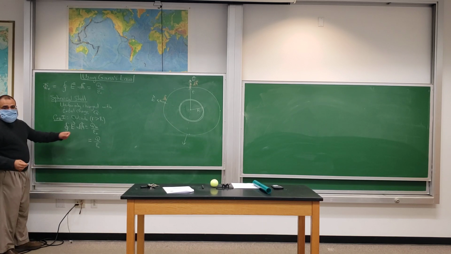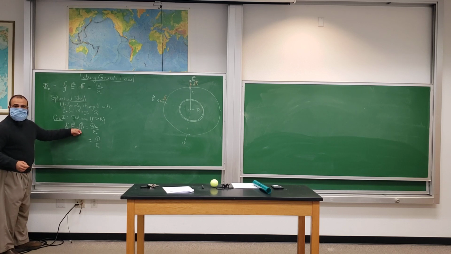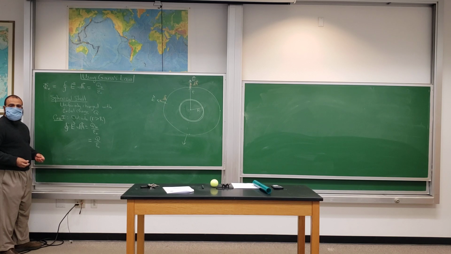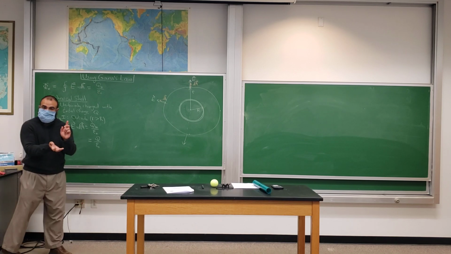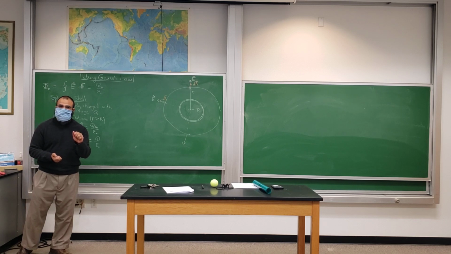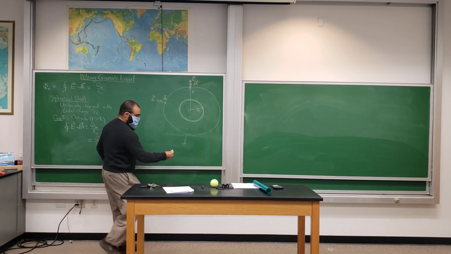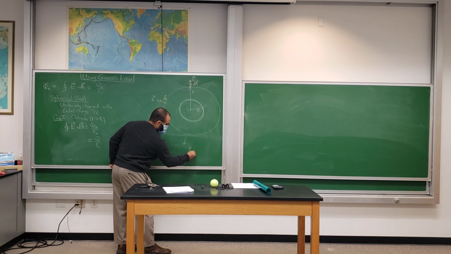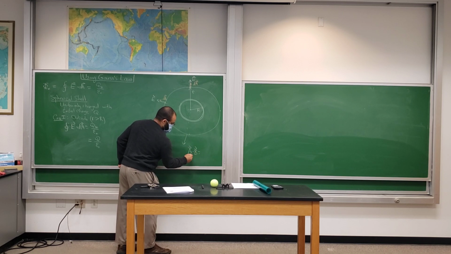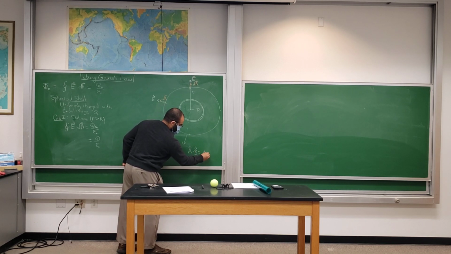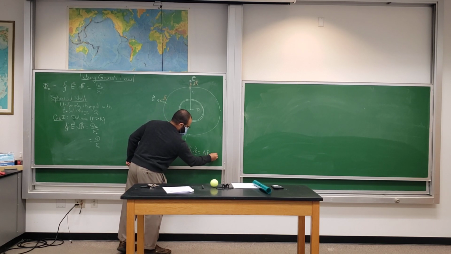Now let's look at the left-hand side. First, E dot dA. These two vectors are parallel to each other. What's the dot product of two vectors that are parallel? If they were perpendicular, it would be 0. For two vectors, A dot B is the magnitude of A times the magnitude of B times the cosine of the angle.